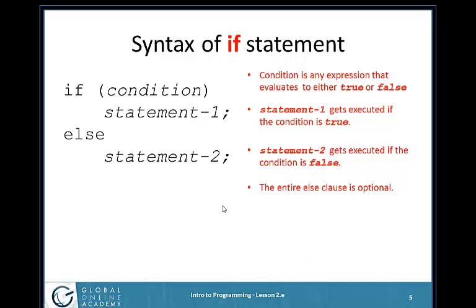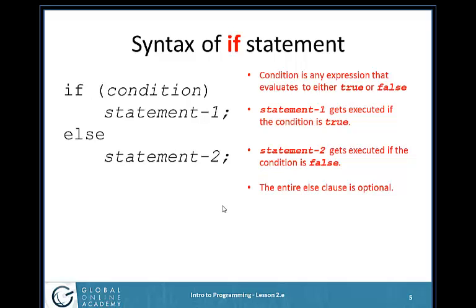Statement 2, which comes after the word else, gets executed if the condition was false. And statement 2 can also either be a single statement ending with a semicolon or multiple statements that have to be enclosed in braces like we saw in our previous example.